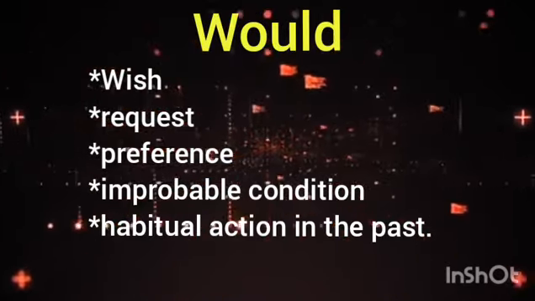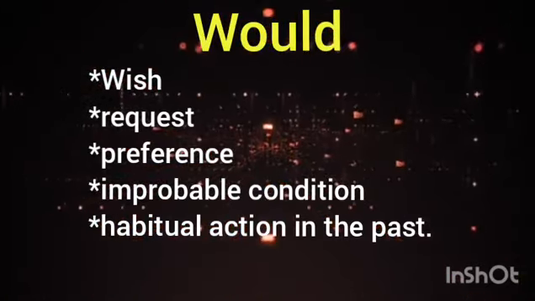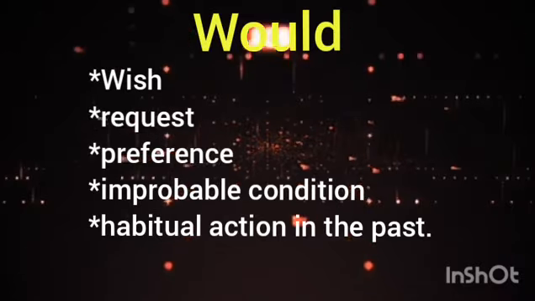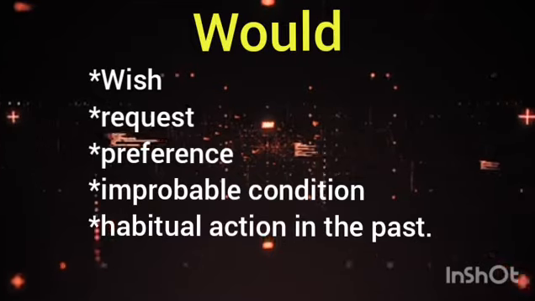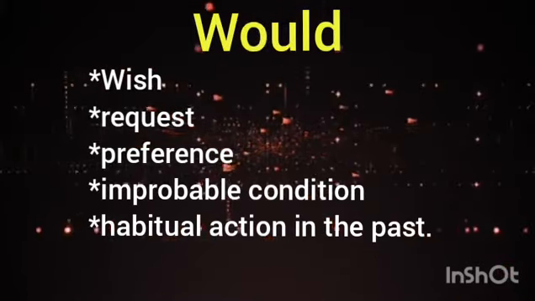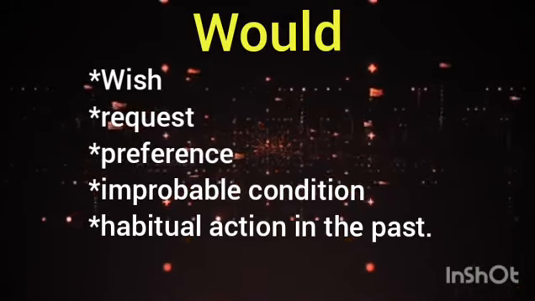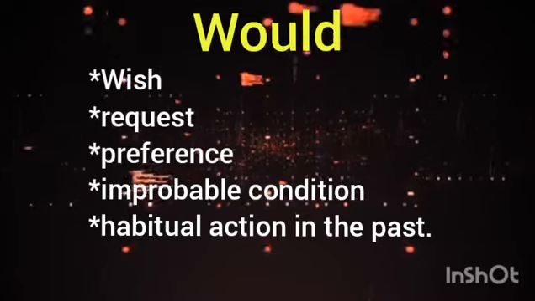Here we learn about the imaginary case. If it comes with were, we can use would. The example sentence: if I were rich, I would start an orphanage. So whenever an imaginary case comes in an improbable condition, you can use would.